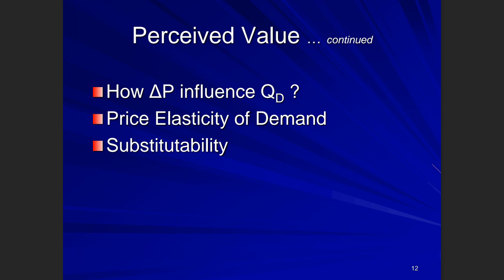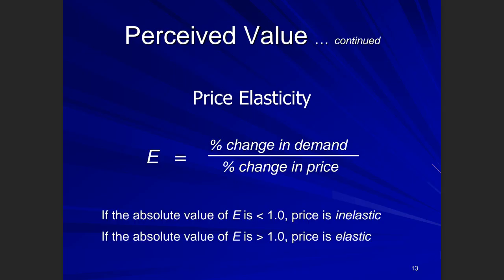Recognizing that, last class, what did we do? We talked about price elasticity of demand, and we gave you how it works and what it really is by definition. By definition, you see it right here on the slide.